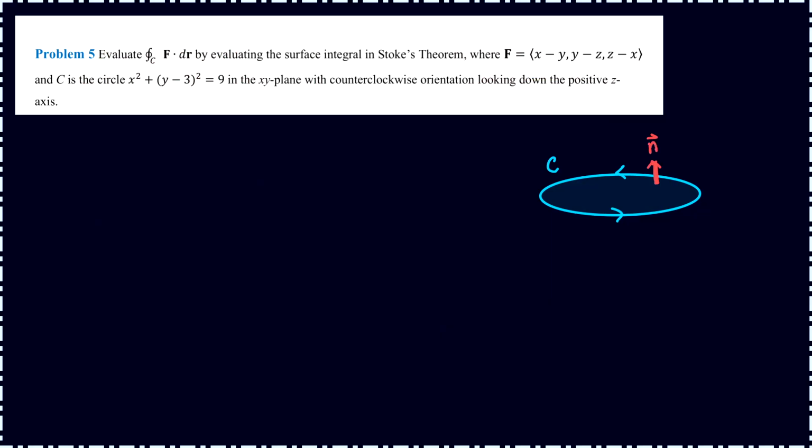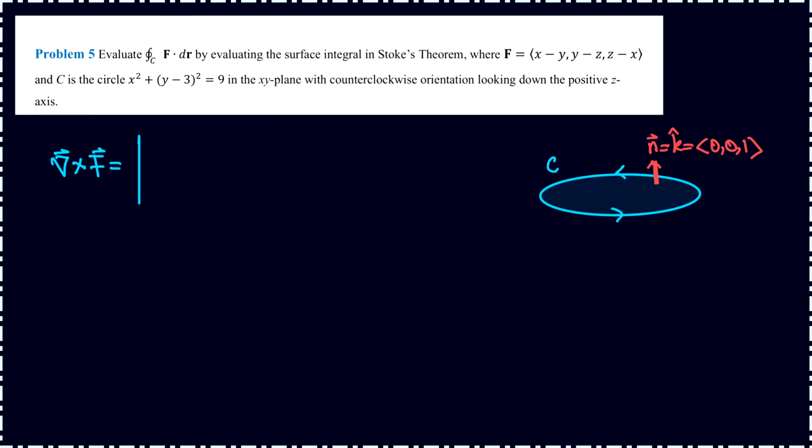N is simply k hat, 0, 0, 1, right? And I also need the curl of the vector field.